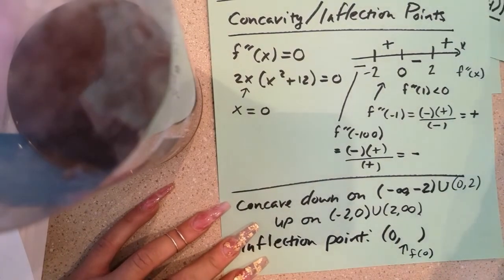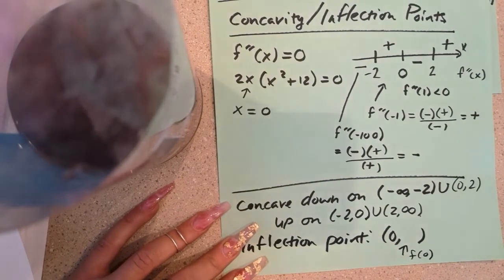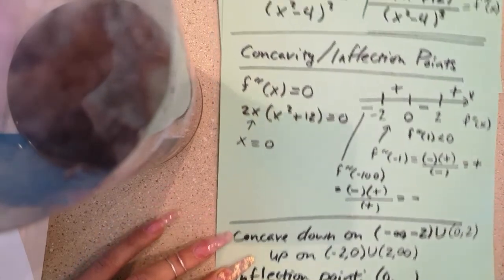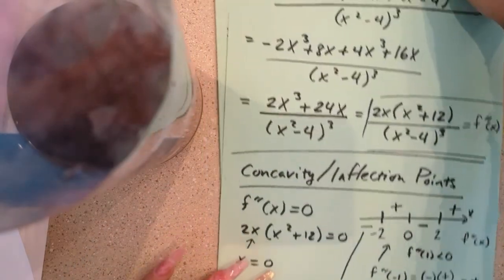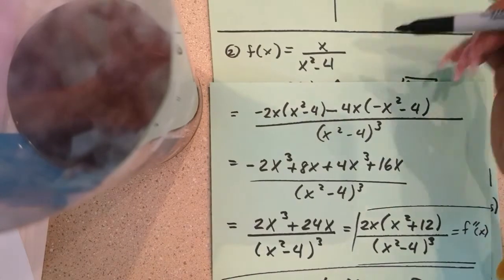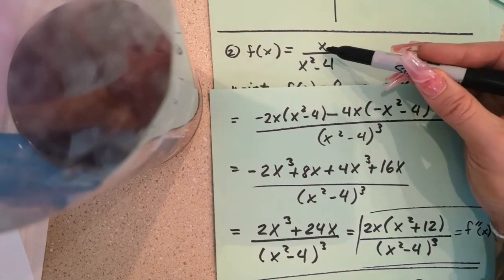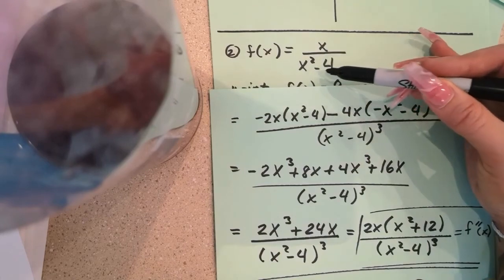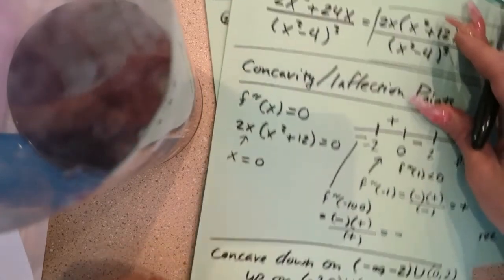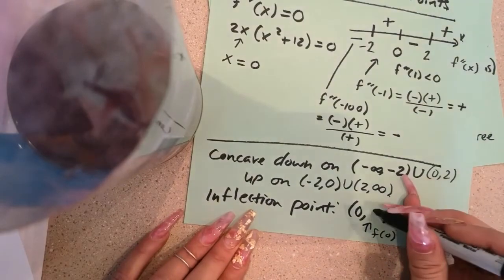So where is the original function? It's way back up here. Okay, so now I have to plug 0 in here. So that'd be what? 0 over 0 minus 4 is 0, right? So I guess my inflection point is at 0, 0.